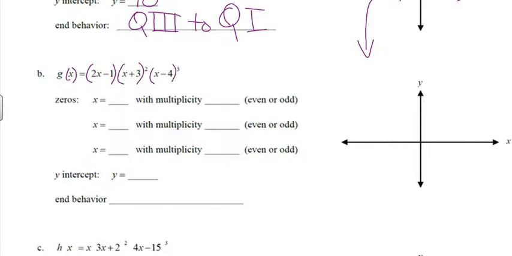Right. 0 is x with first 0, 1/2. Multiplicity? Even or odd? I'm not even going to dignify the rest by asking you, right? Is this an even or an odd number? X plus 3 squared. -3 with multiplicity of? Which is? All right. 4. Multiplicity of? Y-intercept. 576.